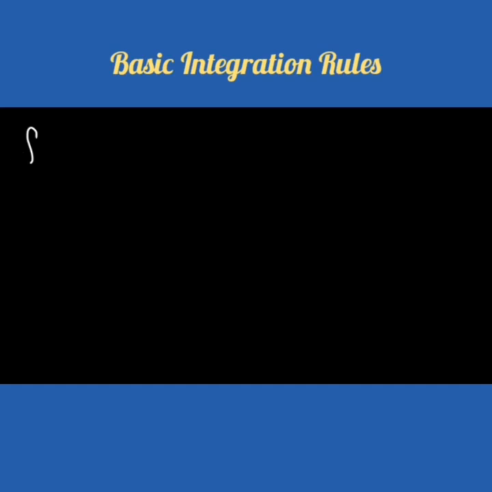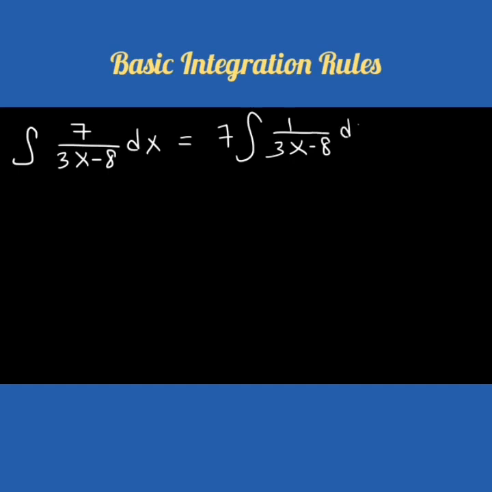Next example is the integral of 7 over 3x minus 8 dx. So, since may constant siya sa taas, ilalabas lang natin siya. So, magiging 7 times the integral of 1 over 3x minus 8 dx. Then, gagamitin na natin yung formula.